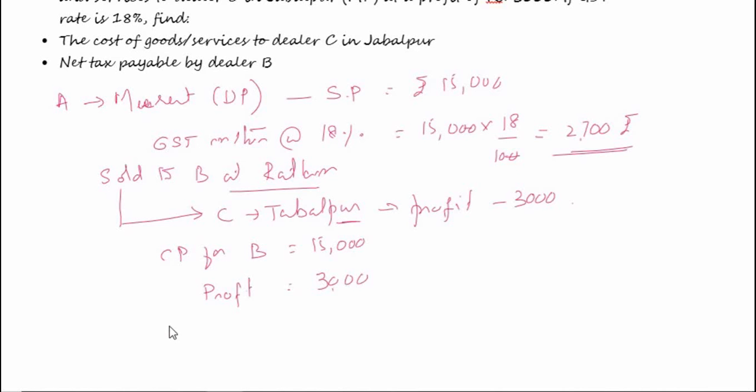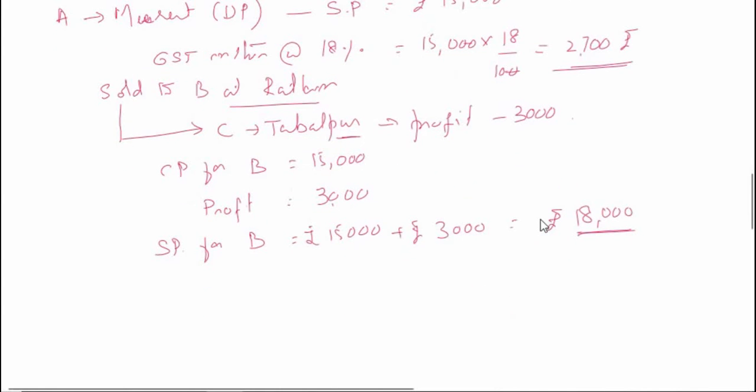So his selling price is rupees 15,000 plus rupees 3,000, so it is totally rupees 18,000. This is his selling price, and he sells this to C. So for C, this is the cost price.